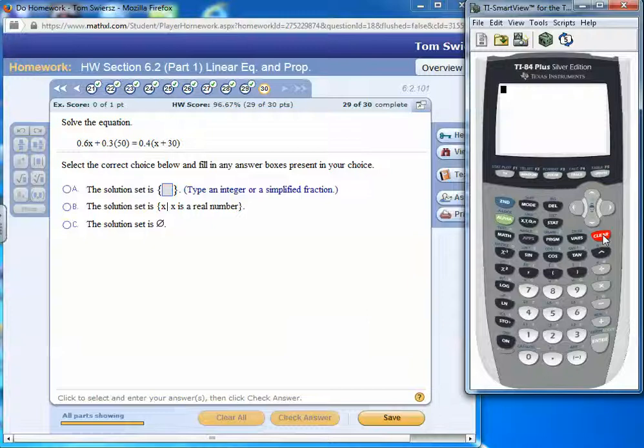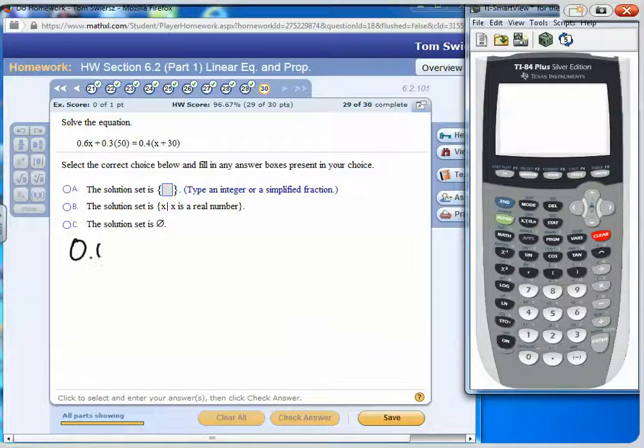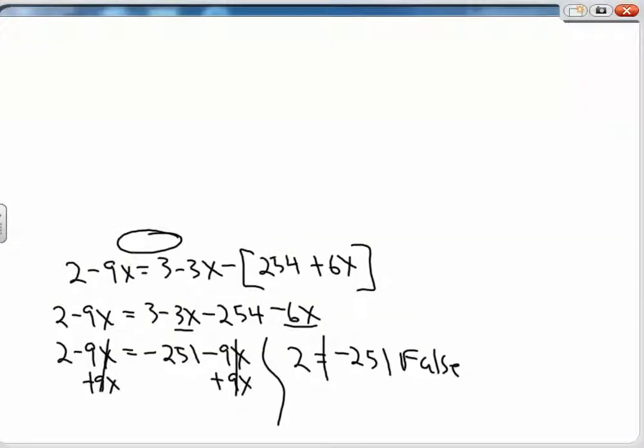We have 0.6x plus 0.3 times 50. Somehow I got to the wrong place.